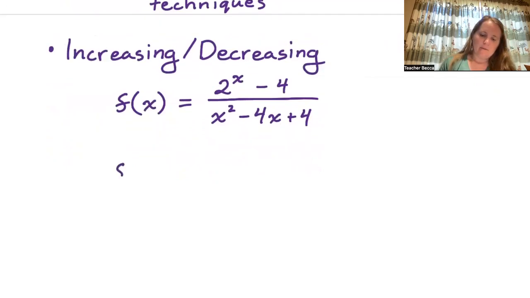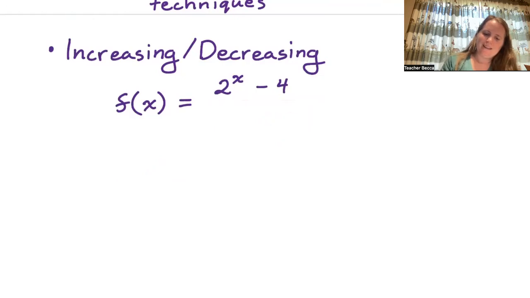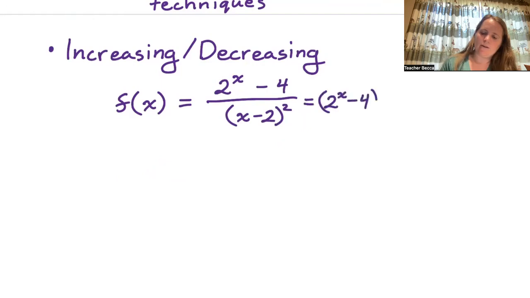So we have f prime of x. Actually, I'm going to rewrite this so I can avoid the quotient rule. So this is (2^x - 4)/(x - 2)^2, otherwise written as (2^x - 4) times (x - 2)^(-2).